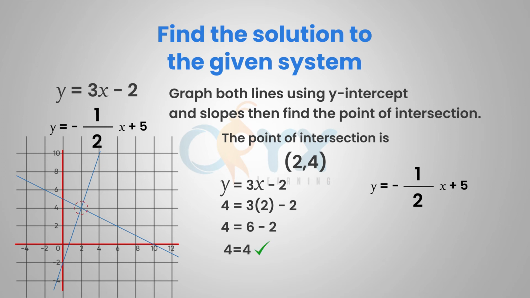So the point does satisfy the first equation. In the second equation, we'll get 4 equals negative 1/2 times 2 plus 5. Simplifying, we get 4 equals negative 1 plus 5, or 4 equals 4. This means that it satisfies both equations, so the point (2, 4) is the solution to the system.